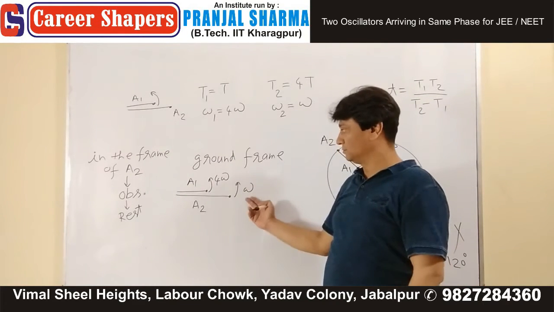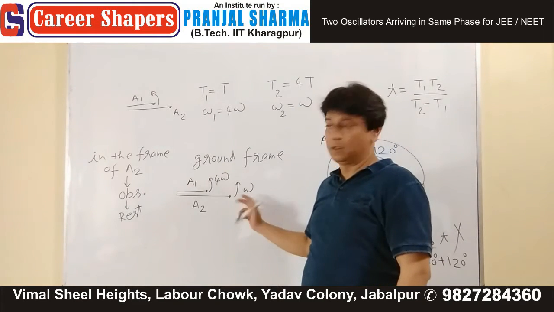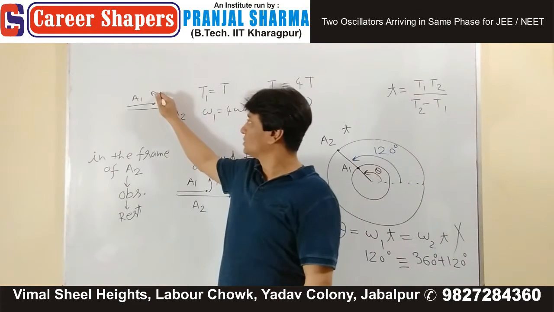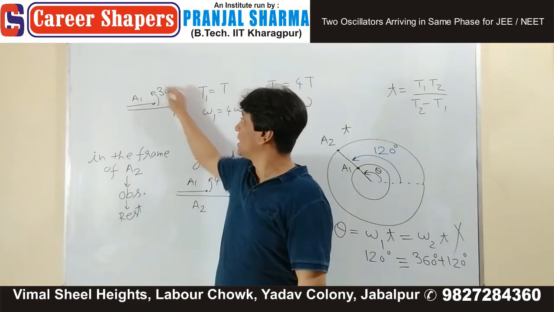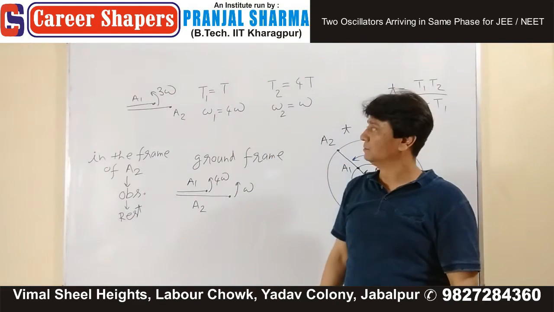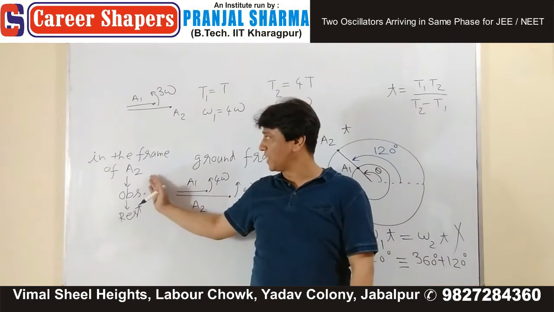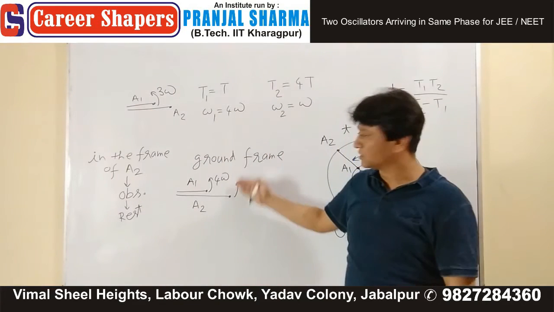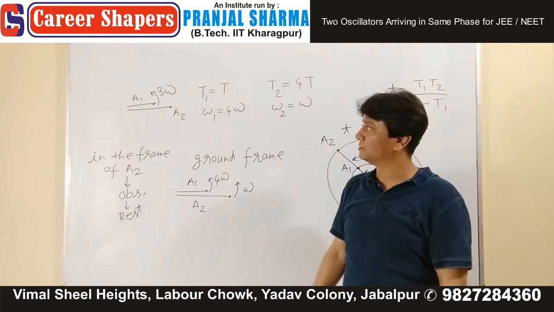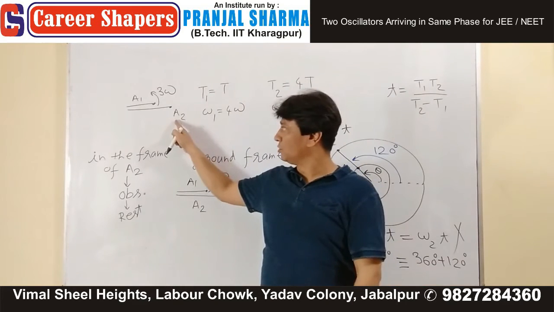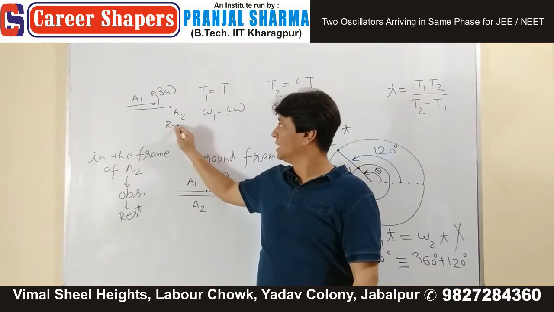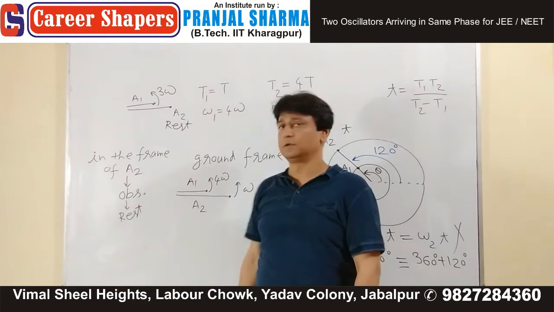But for A2, A1 is rotating with 3 omega. This is in the frame of A2. This is for the ground observer. A2, remember, is at rest.